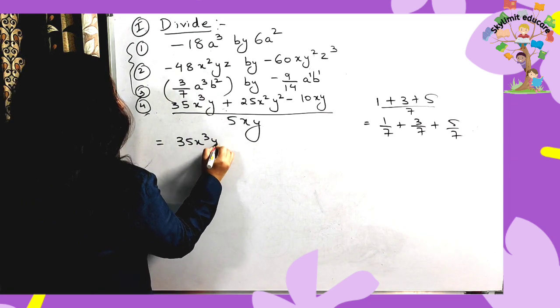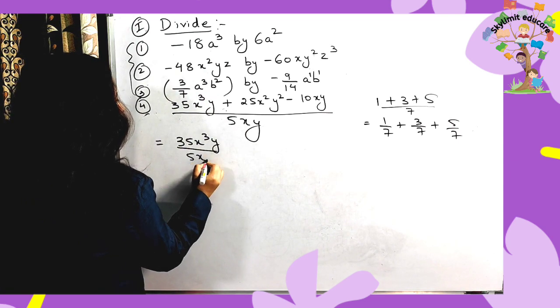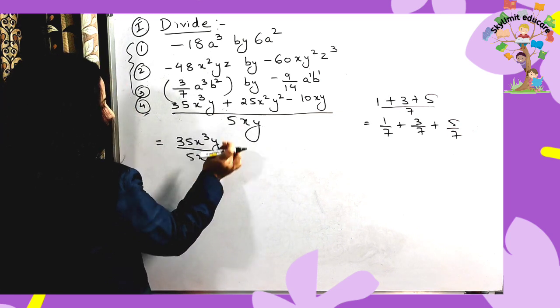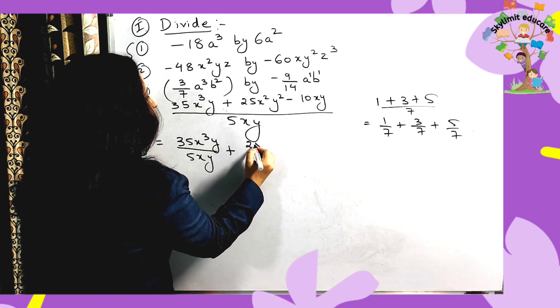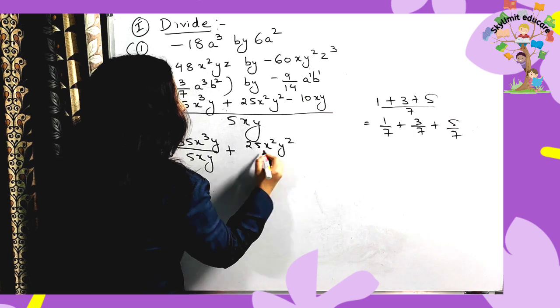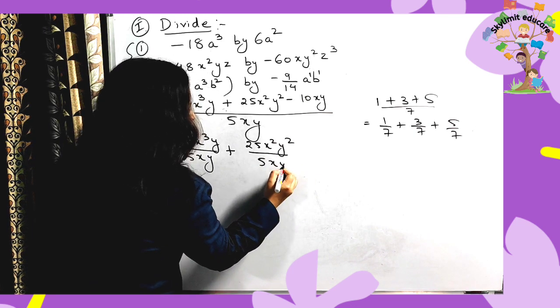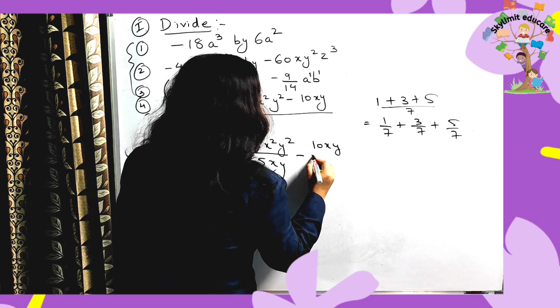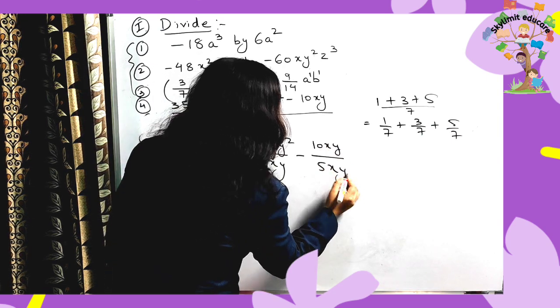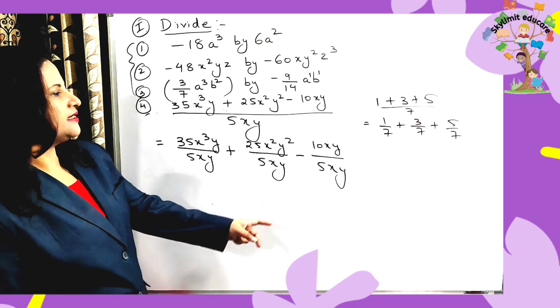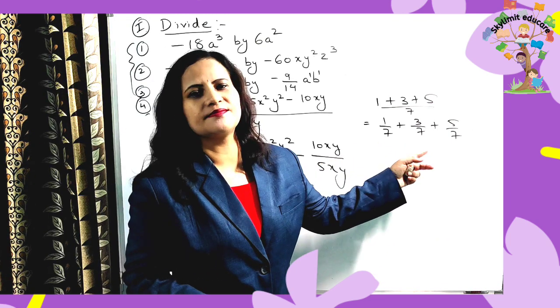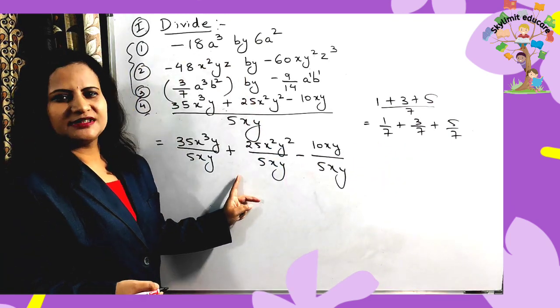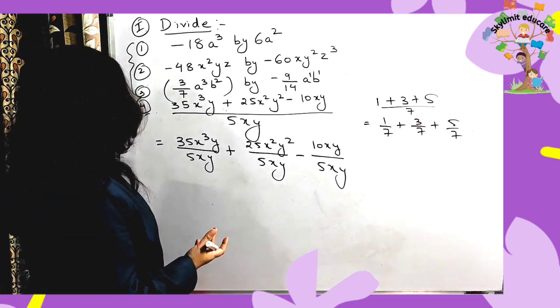35x cube y by 5xy plus 25x square y square by 5xy minus 10xy by 5xy. Simple. We have done just like this. Clear? Now it makes it easy to solve.